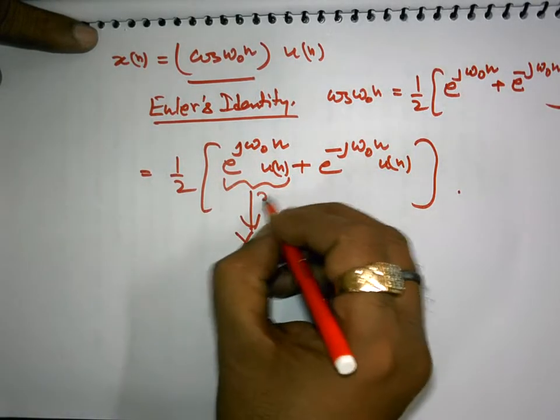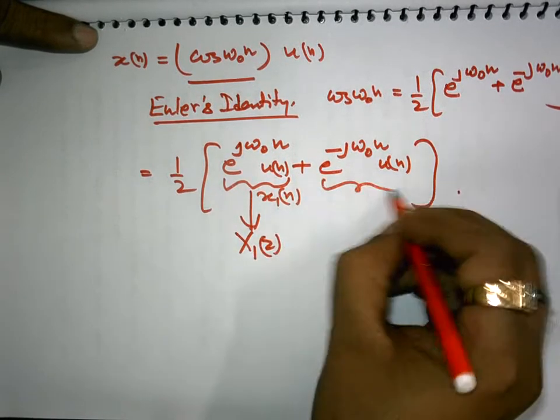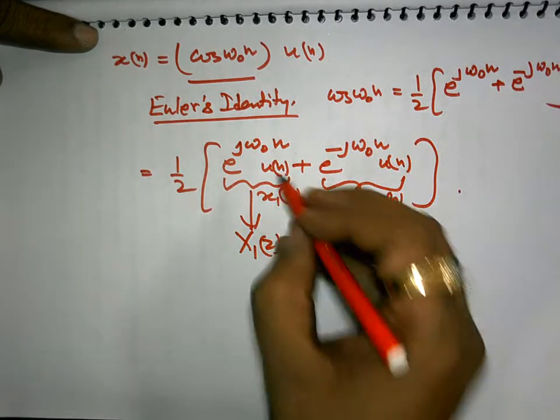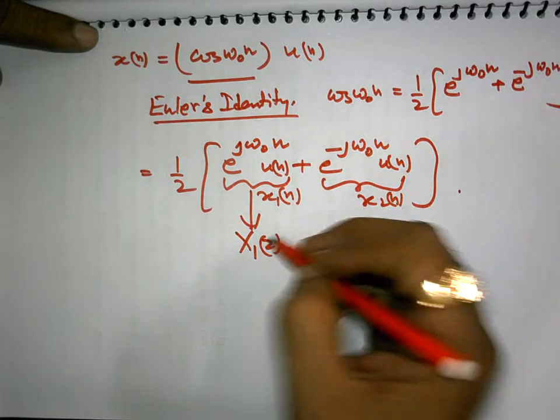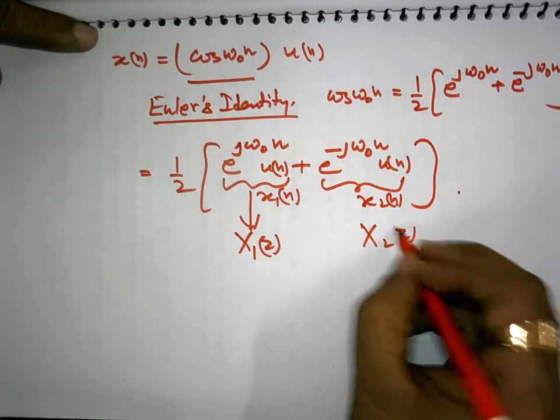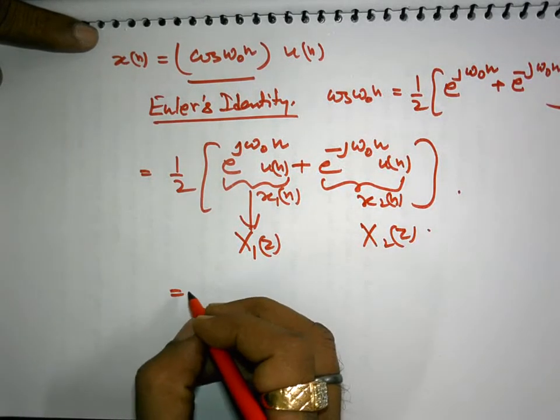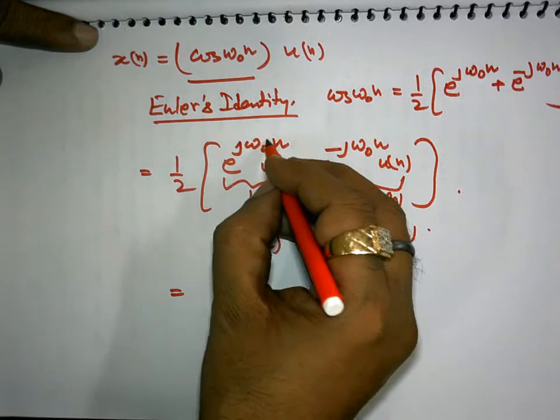Suppose this is broken into two signals, this is x1[n] and this is x2[n]. We will evaluate the Z transform of each and make the summation. So, what is the Z transform of this?